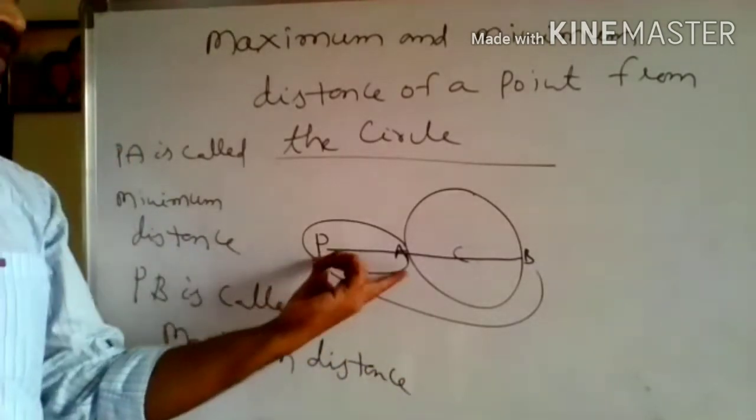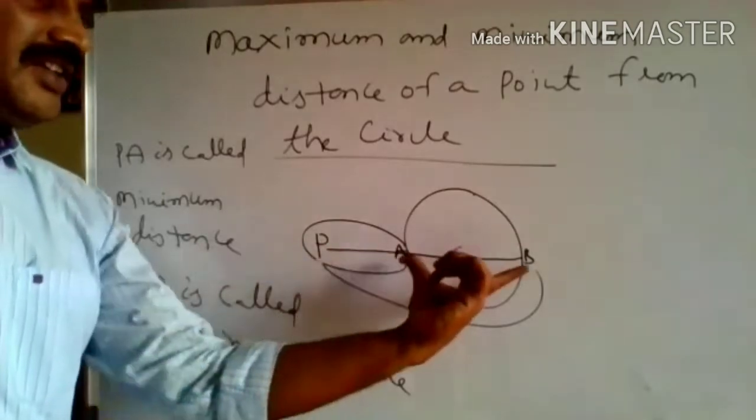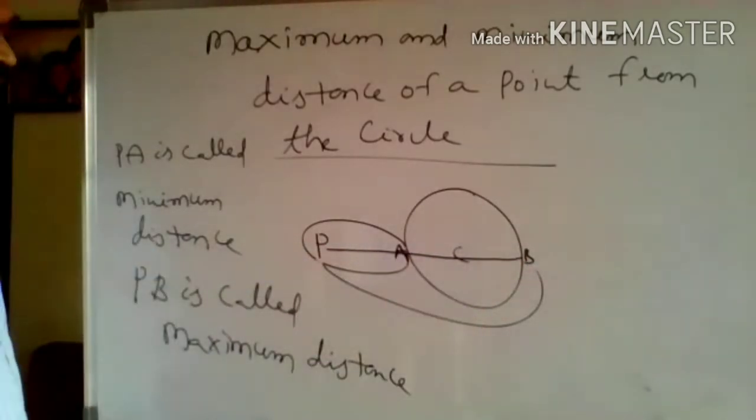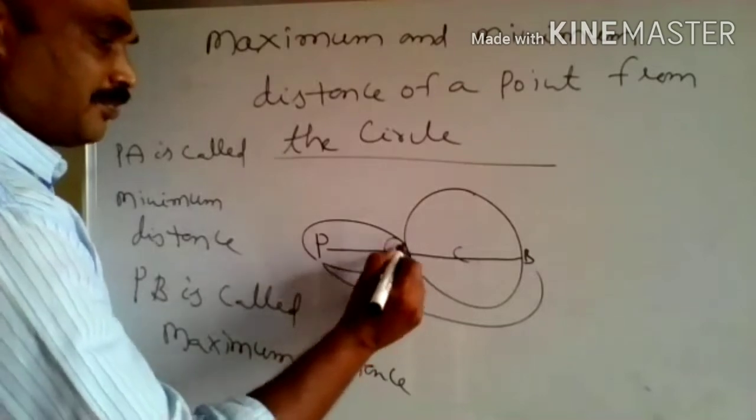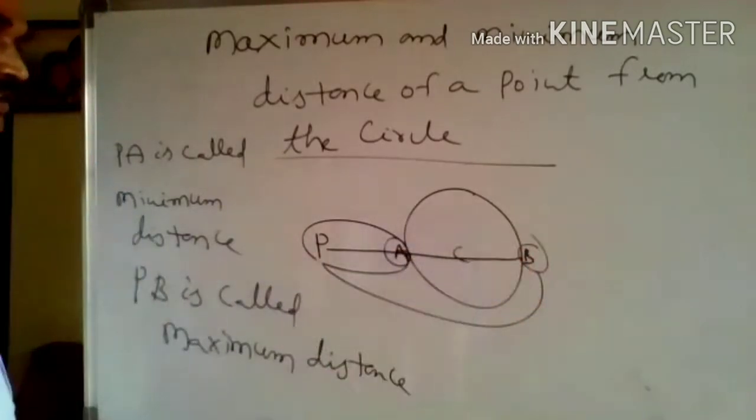This is point P, this is the least distance, so the highest distance is PB. The least point, or minimum point, is A, and the maximum point is B.